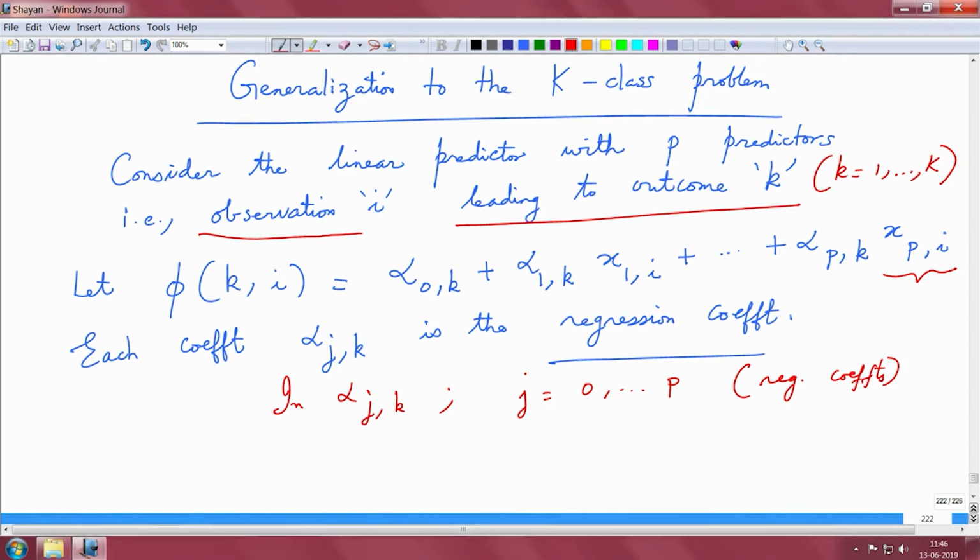So there are 3 variables playing a role here. One is this prediction variable, and these are regression coefficients, and i is our observation.